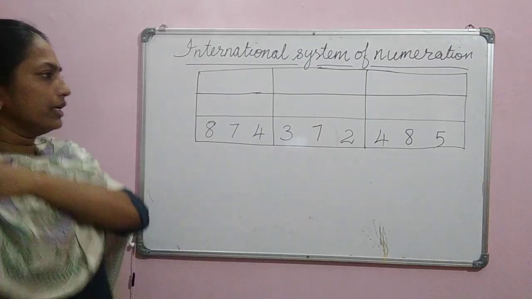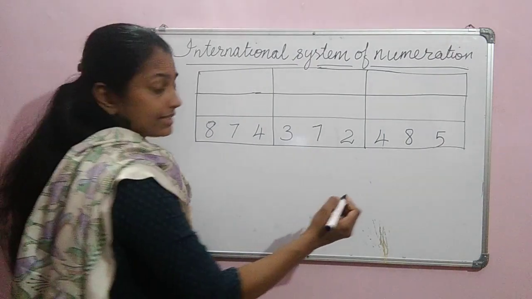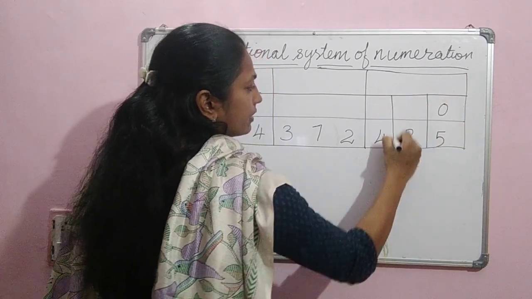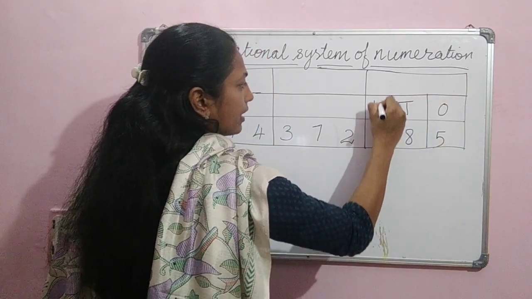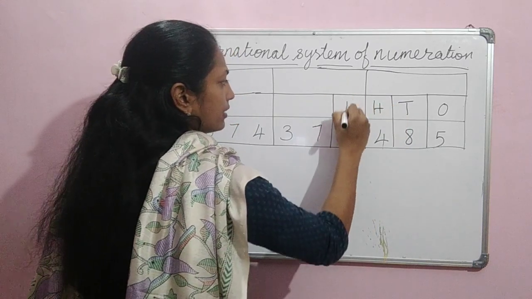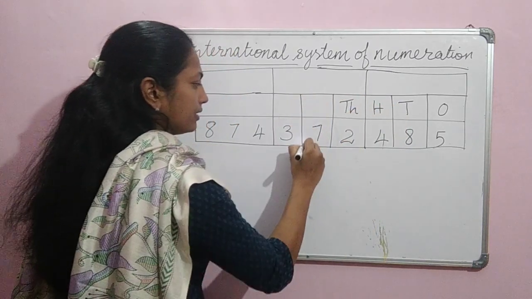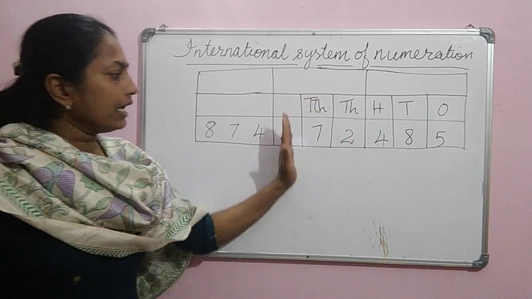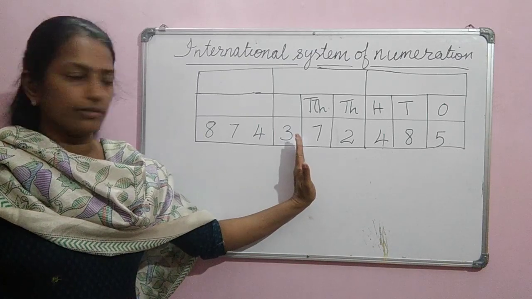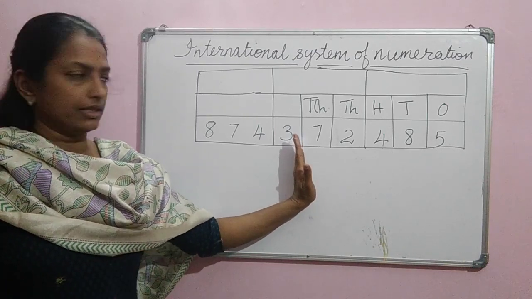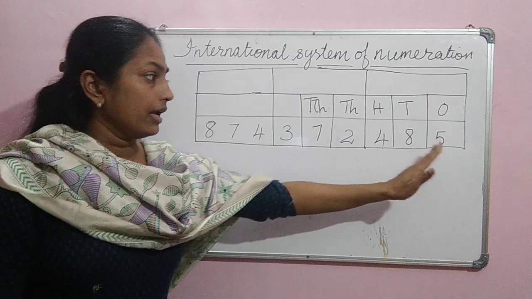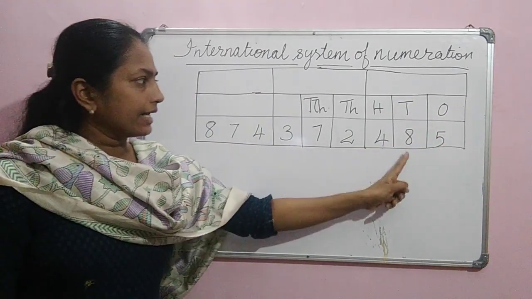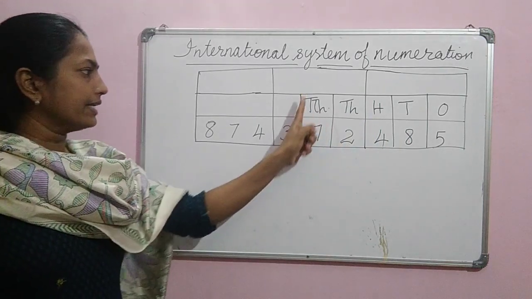Okay. And here we name the places as ones, tens, hundreds, thousands, 10,000s. Till 10,000s, both systems have the same method: ones, tens, hundreds, thousands and 10,000s.